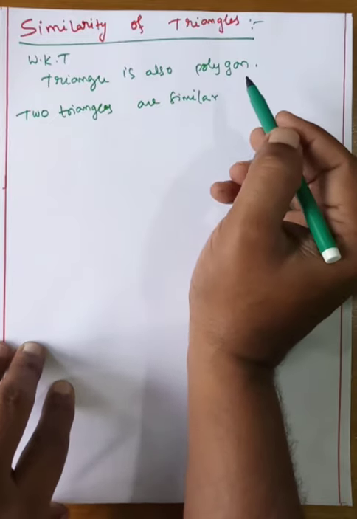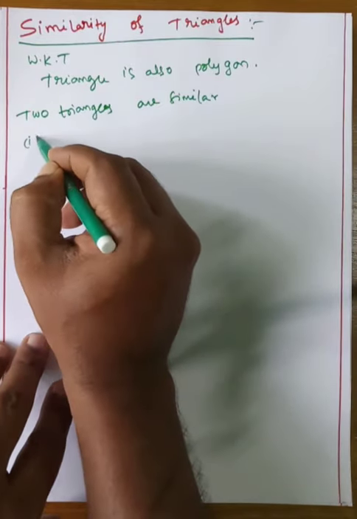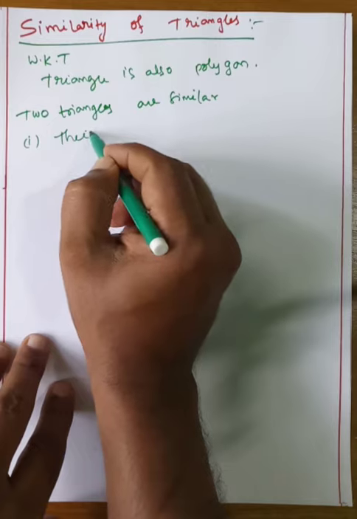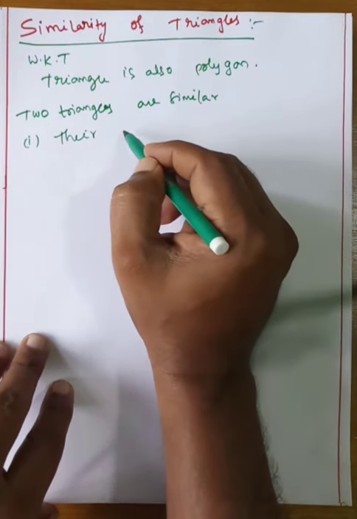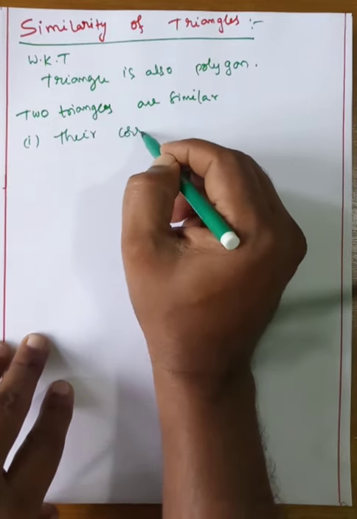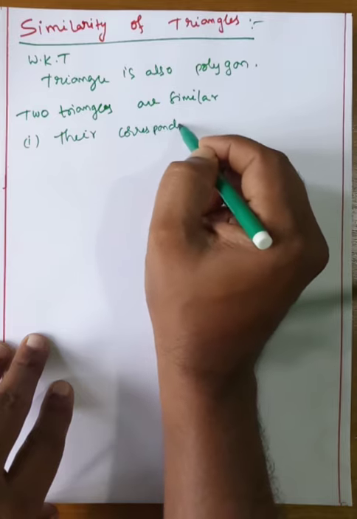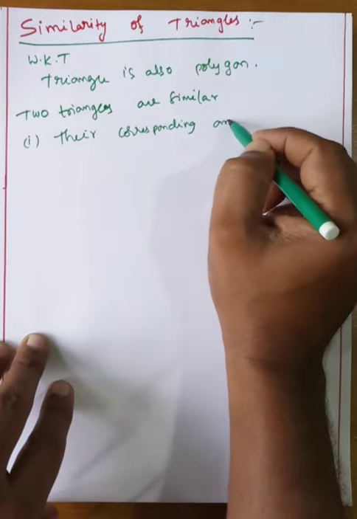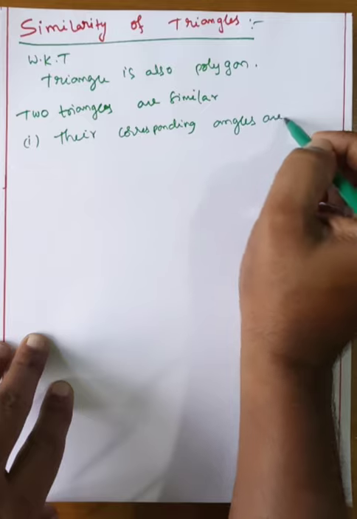Two triangles are similar. Number one, their corresponding angles are equal. Corresponding angles are 100% equal.